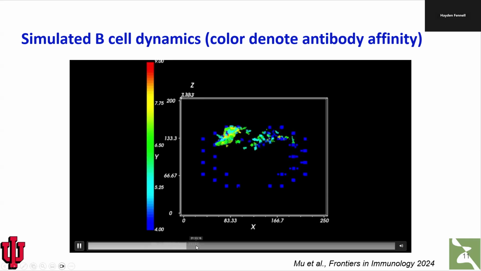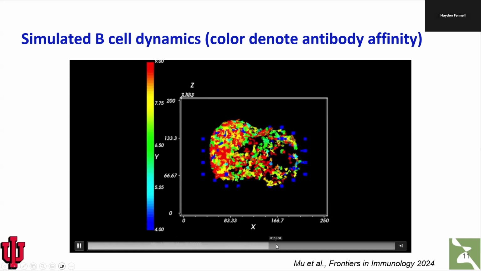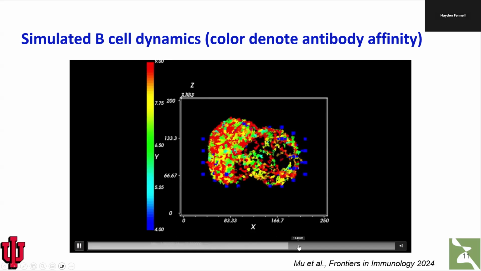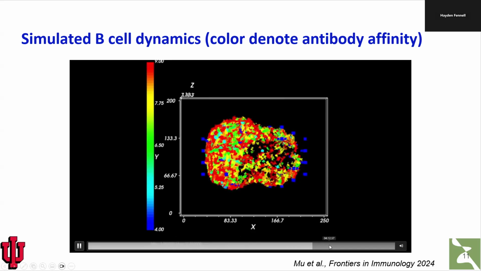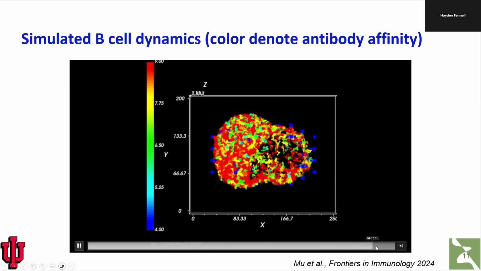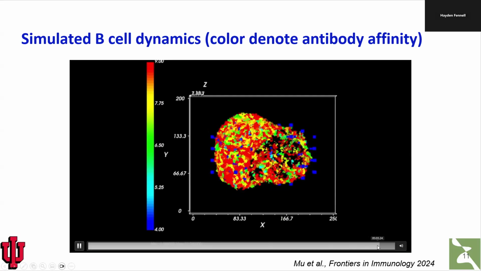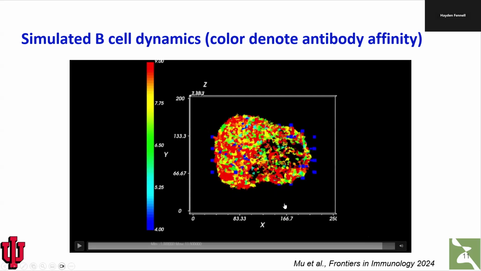As you see, the B cell color will become more greenish, yellowish, and eventually some of them actually have a red color representing very high affinity. So eventually this whole space is going to be filled by high affinity B cells, which are either red or yellow or gray, right? So this gives you the visual of what's going on with the simulation that we published in this paper.